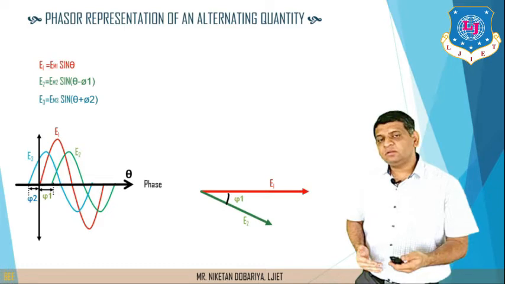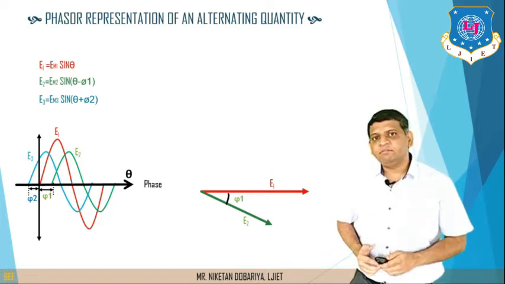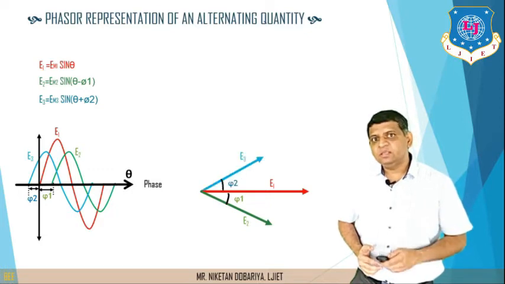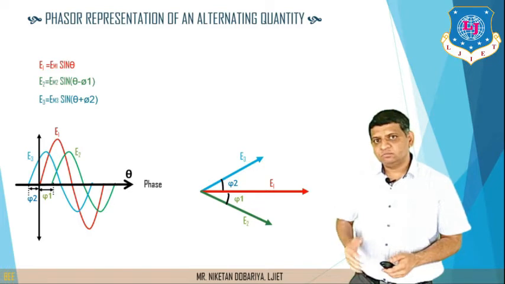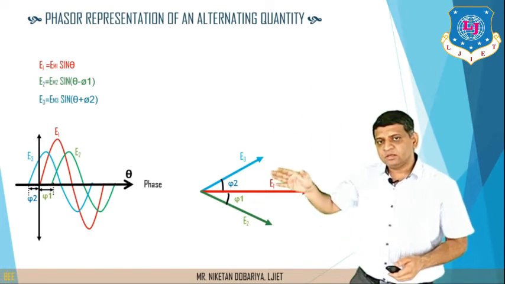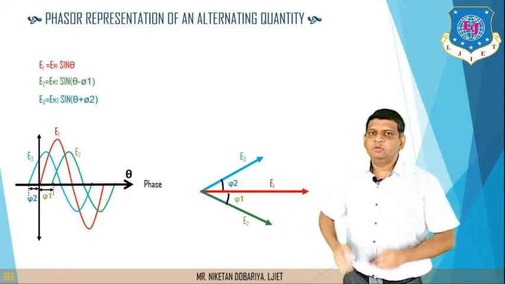Now the third vector starts early, before the reference vector E1, that is the vector E3. You can see here all these three vectors are moving in an anti-clockwise direction. So the first is E3, then you have E1, and then you have E2.